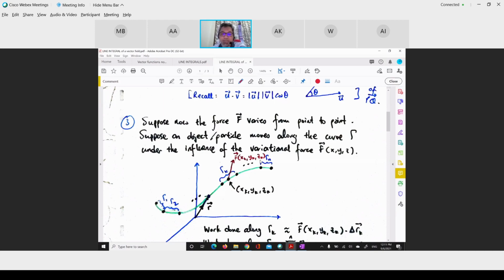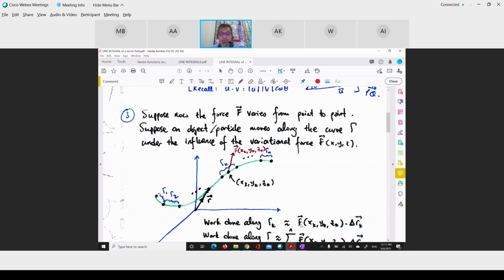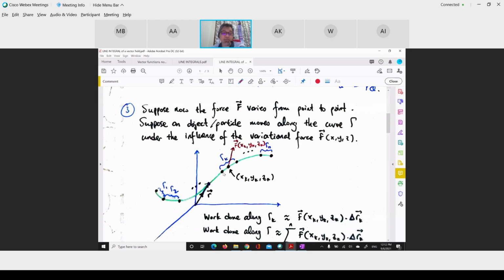Remember, the force is varying. So the work done along the curve gamma k is approximately the force with the displacement, denoted here by delta rk.